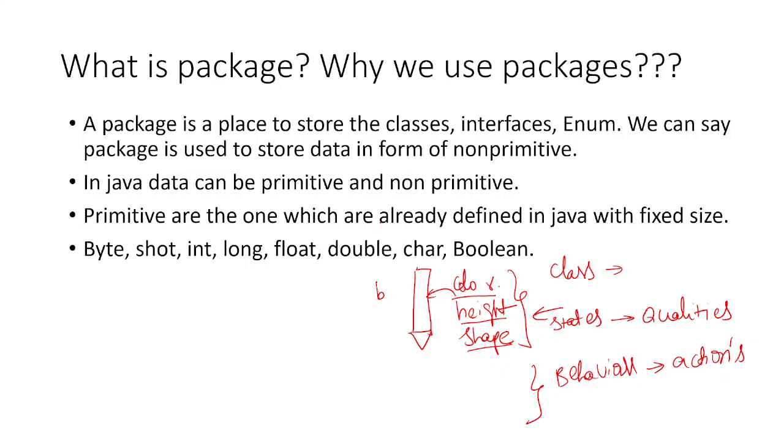So this pen will perform the action of writing, and with the help of this pen, we can hit a person on the head. In this way, it will perform some actions. These are the behaviors of that particular pen. So this is the user defined class Pen. Pen is a user defined class.